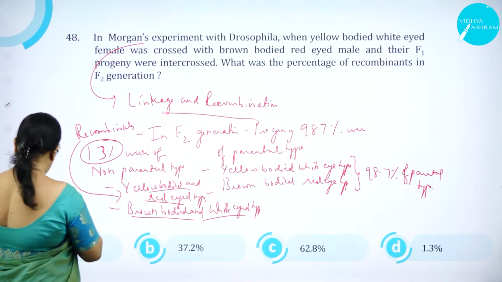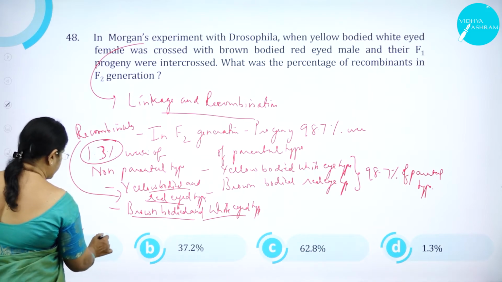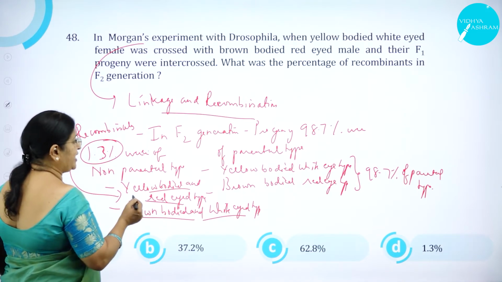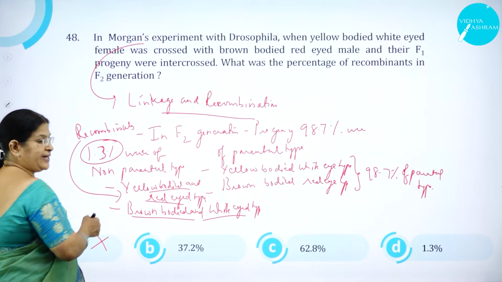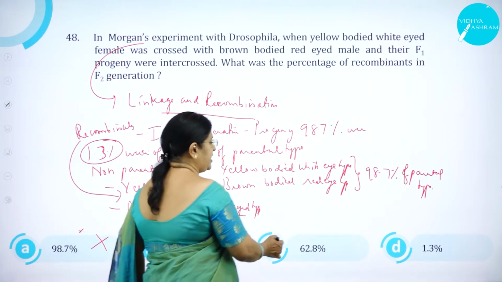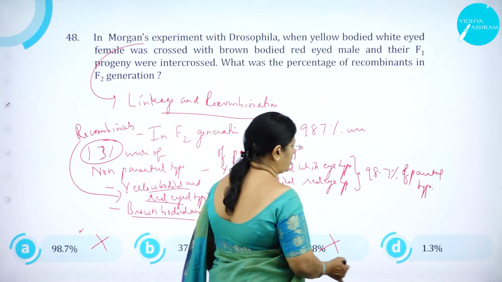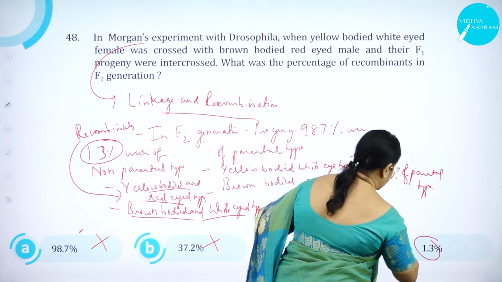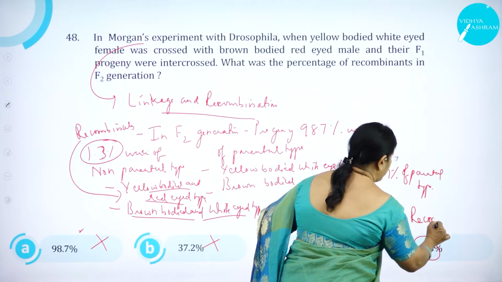So option A, 98.7% is wrong. That was parental type. B, 37.2% wrong. C, 62.8% wrong. D, 1.3% correct. There were the recombinants.